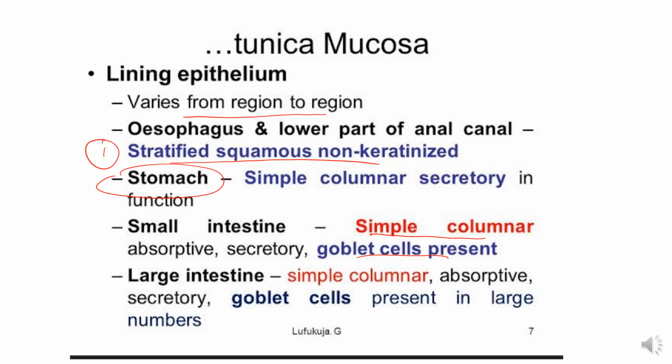So, in the large intestine, again we have the simple columnar epithelium, which is absorptive, secretory, and goblet cells are present in large numbers. Why? As we go down the large intestine, the number of goblet cells increases. In the rectum, it is in a ratio of 1 to 1, one colonocyte and one goblet cell.